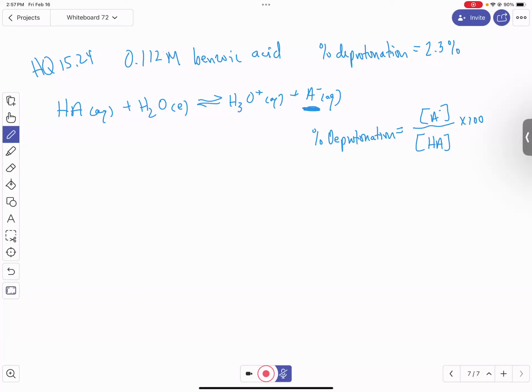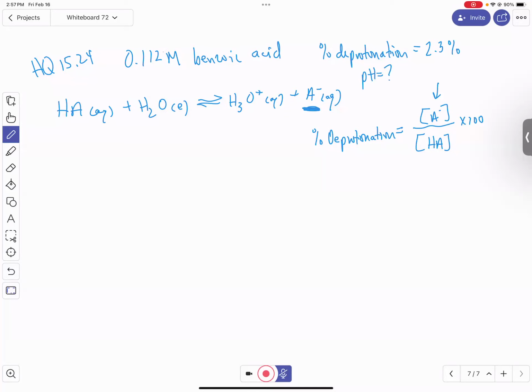So we want to work backwards and find the concentration of the conjugate base, because ultimately we're looking for the pH of the solution.